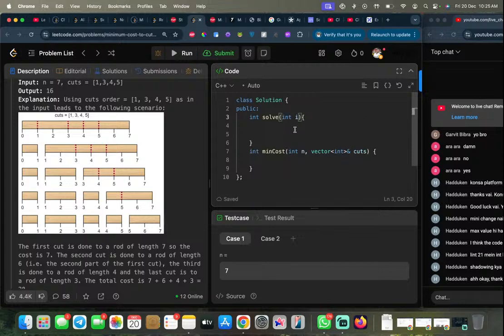Okay. Comma int j. Okay. Which will represent the start and end for int k is equals to i, k is smaller than j, k plus plus.